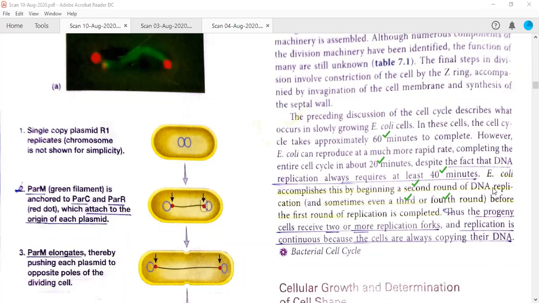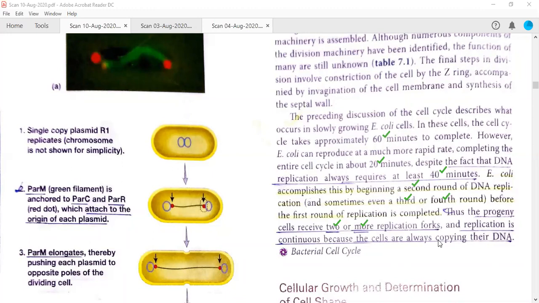So suppose the bacterial cell is able to start DNA replication before it divides, before the first round of replication is completed. Thus the progeny cells receive two or more replication forks already. And the replication is continuous because the cells are always copying their DNA.